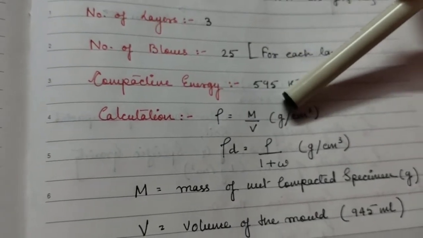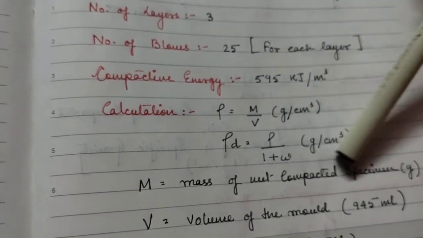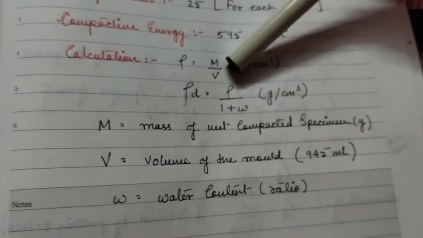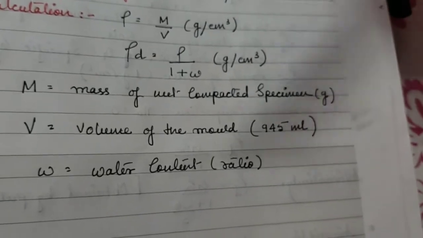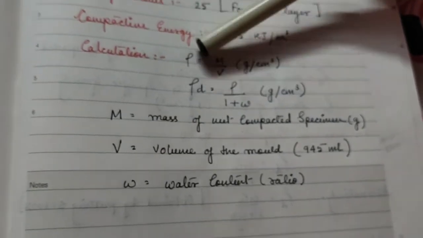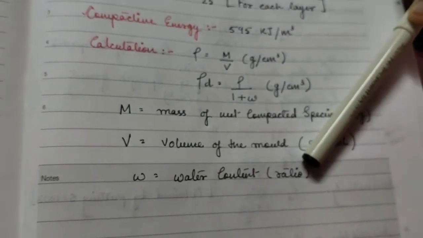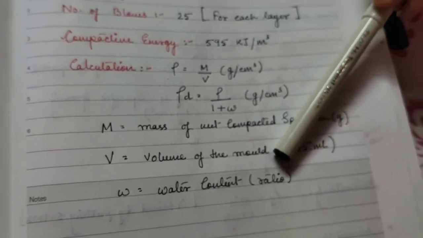M is the mass of the wet compacted specimen, given in gram. V is the volume of the mold, which is 945 milliliter. Gamma d is the dry density of the soil, and w is the water content of the soil, given as a ratio.